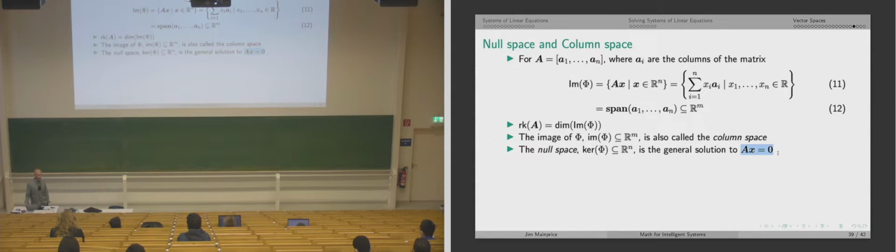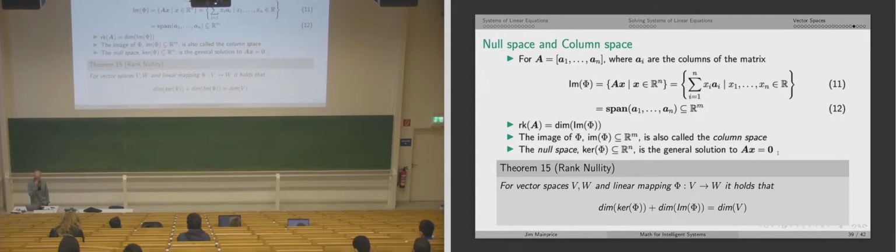Again, in the coordinate view of the linear map, we can write the kernel like that. There's a theorem that says that the dimensionality of the kernel plus the dimensionality of the image is equal to the dimensionality of the vector space.